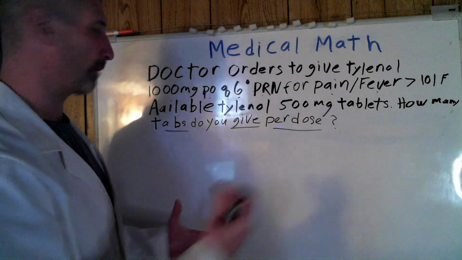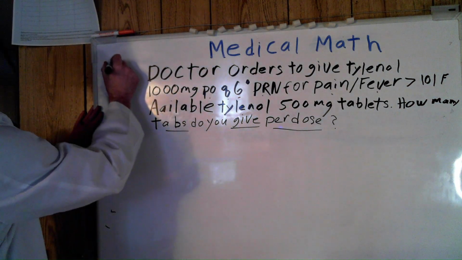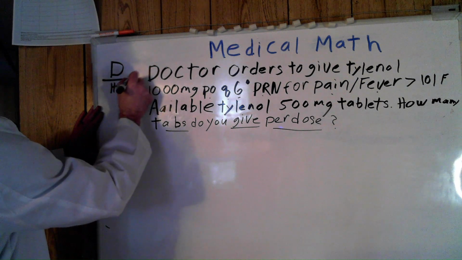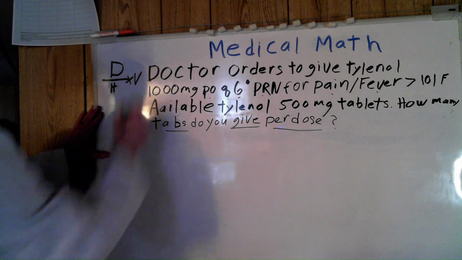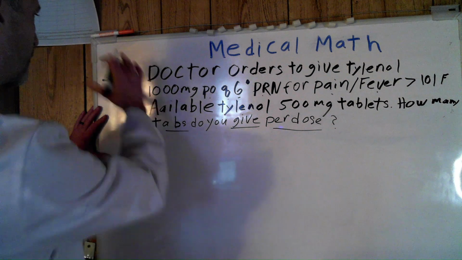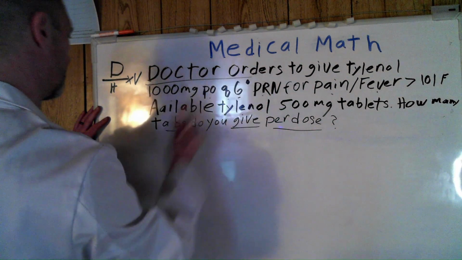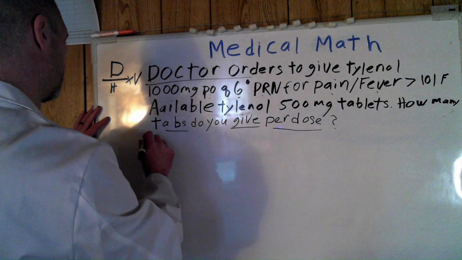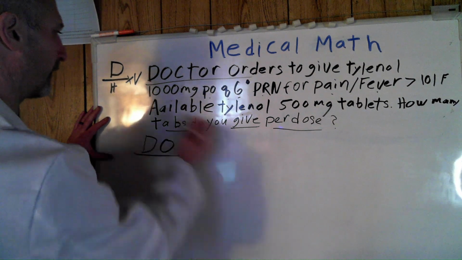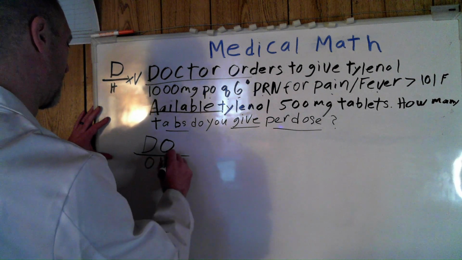Let's set the formula up. You may have seen in school where you have D over H times V. The formula I'm going to show you is going to be kind of the same thing with just a little bit of modification. We're going to have our doctor's order over available, which is also going to be on hand.